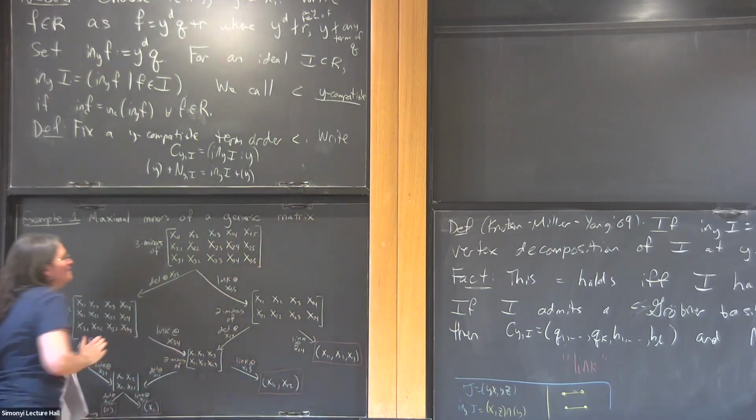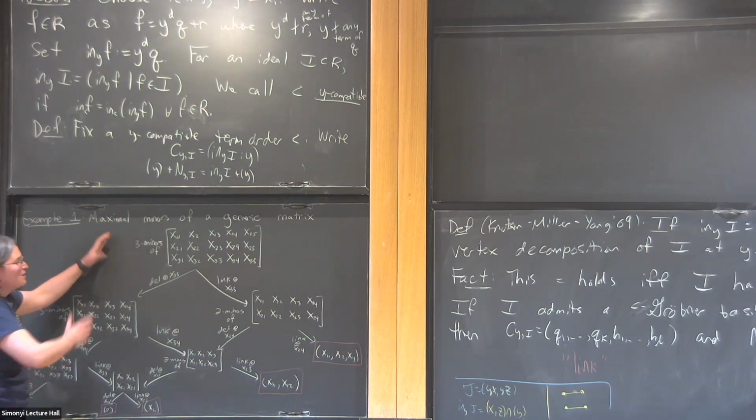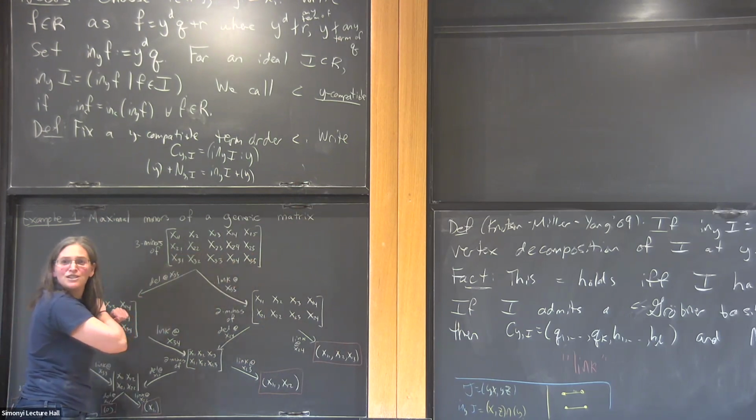Example 1, maximal minors of a generic matrix. So we want to take the ideal that is generated by the size 3 minors of this matrix. The natural generating set is a Gröbner basis. It's a universal Gröbner basis. So in particular, it's one with respect to x35 being largest.